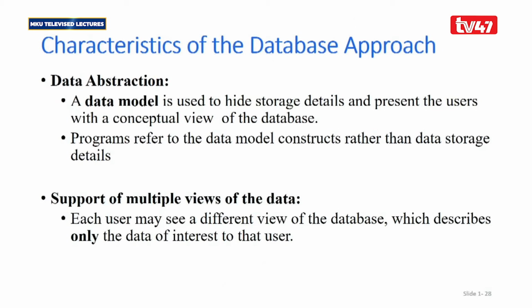Unlike file-based systems where we look at the entire data in one view, when we are using the database approach, we can break down the view of the data such that we can have different levels. For example, we have the administrator and the user. The administrator can view everything, while the basic user can just view a specific section of the data that is related to that specific user.